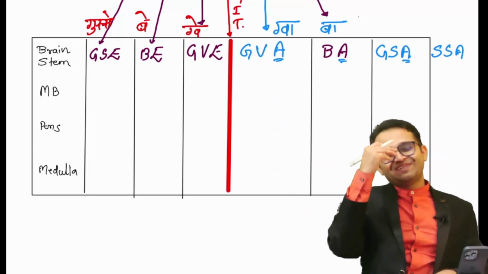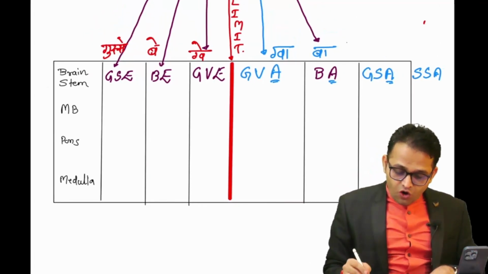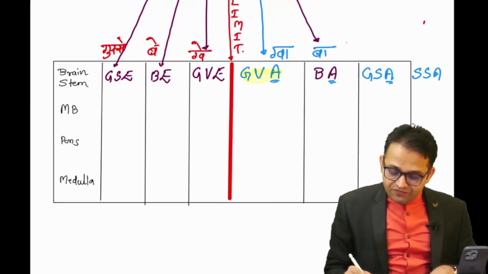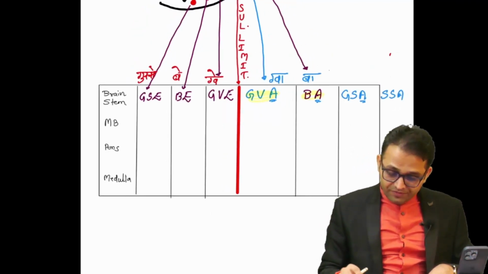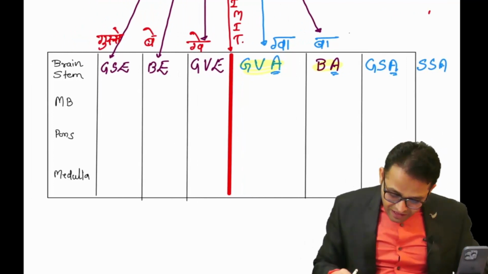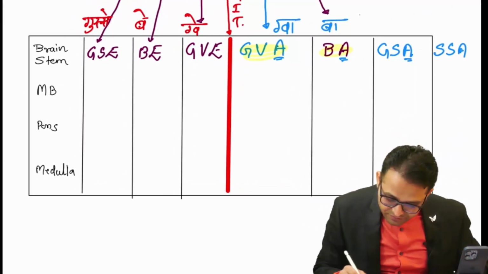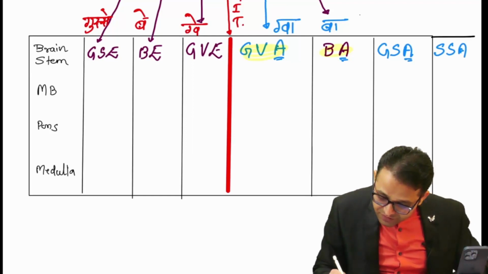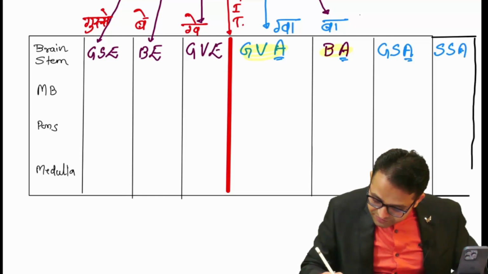Now one good thing: these two columns, the general visceral efferent and the branchial efferent, both will get united together. Catch this point. I am using one more table for all of you here. This is our special somatic efferent.